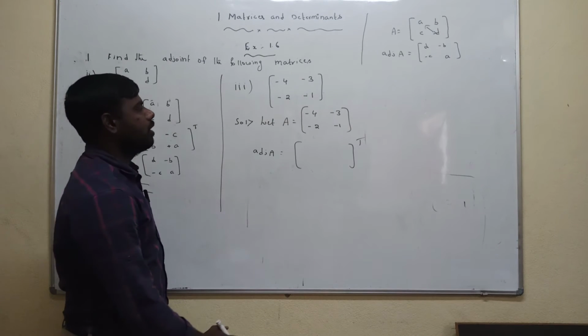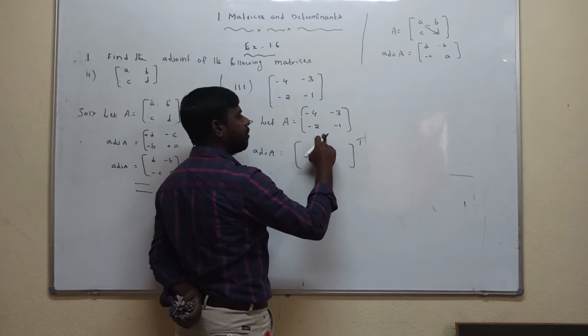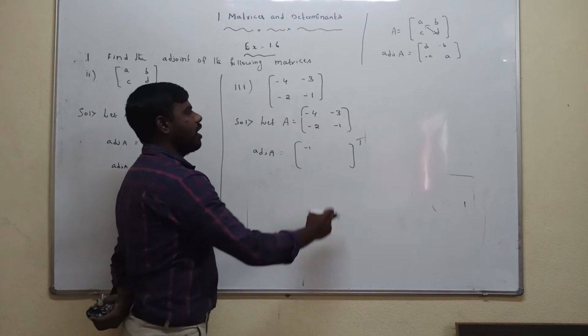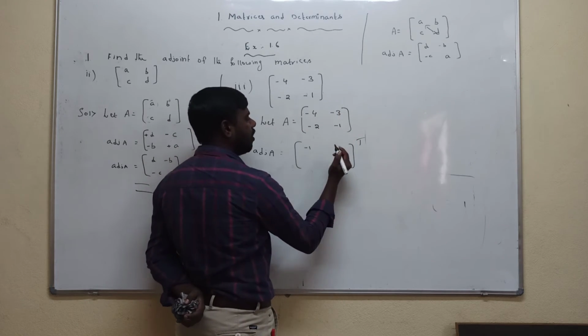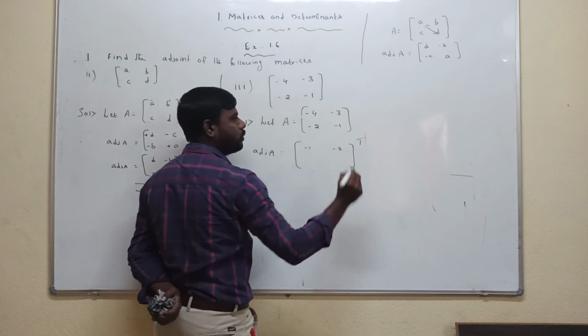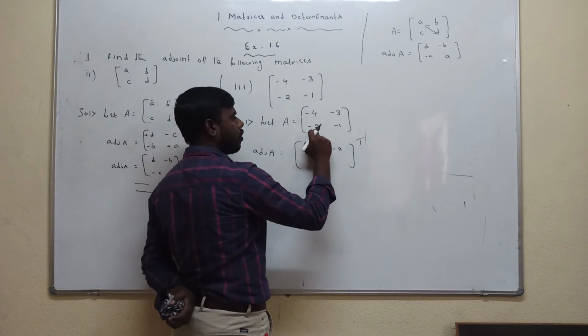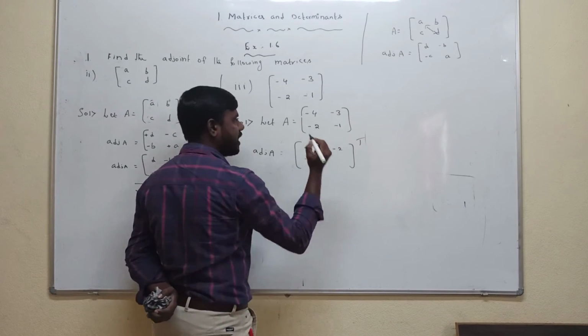For the element -4, that particular row and column are eliminated, so the left of the element is -1. Next, for -3, the left of the element is -2. Next, for -2, the left of the element is -3.